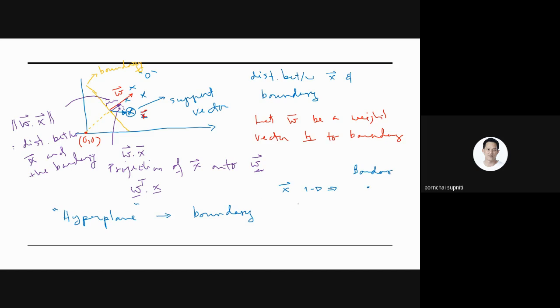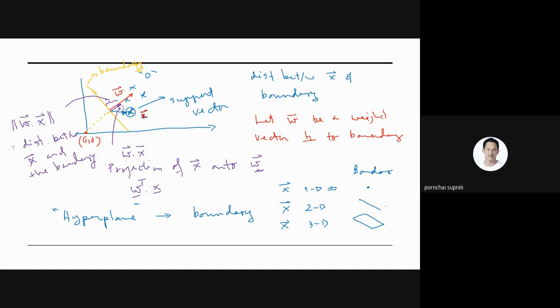If x is two-dimensional, like in this case, where we have a horizontal axis and a vertical axis, the boundary will be just a line. If we have x as 3D, which is a little bit more difficult to draw, then you have a plane.